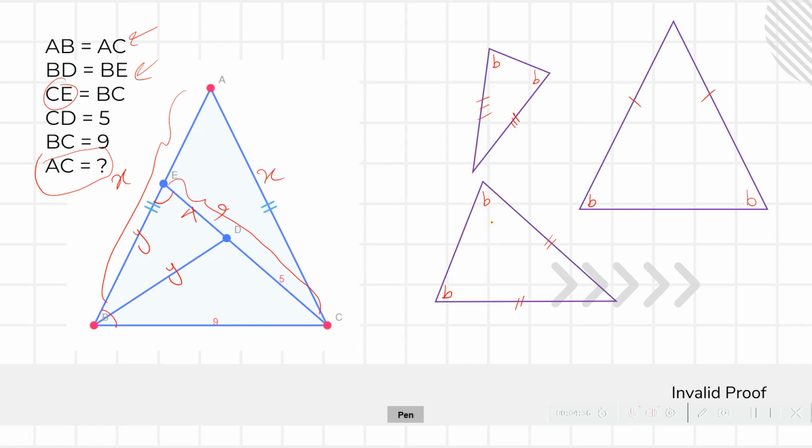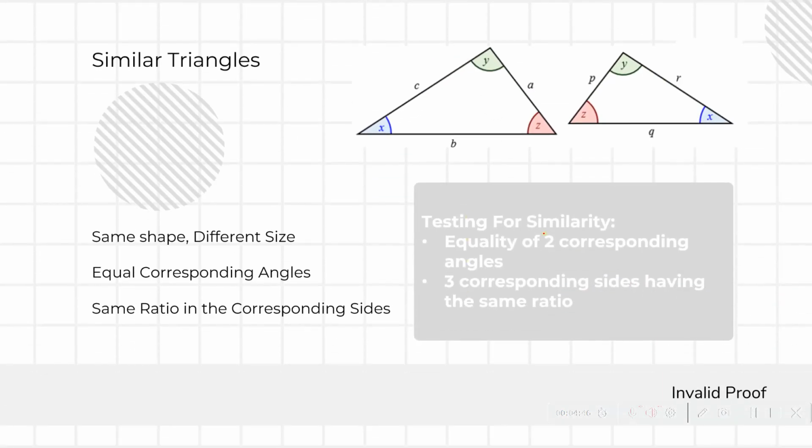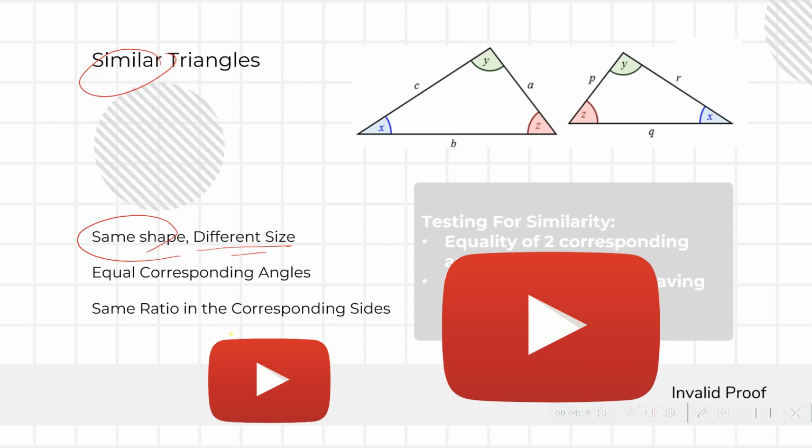But the question is, how is this going to help us? Well, it reminds me of a concept, similar triangles. Let's take a look. What are similar triangles? Similar triangles or similar shapes have the same shape but different sizes.